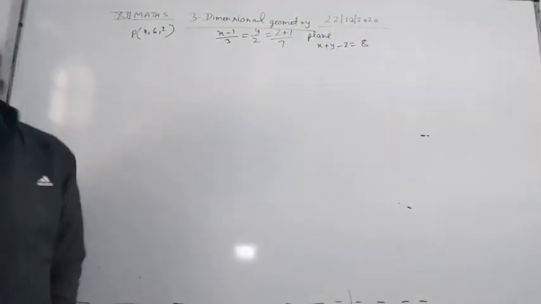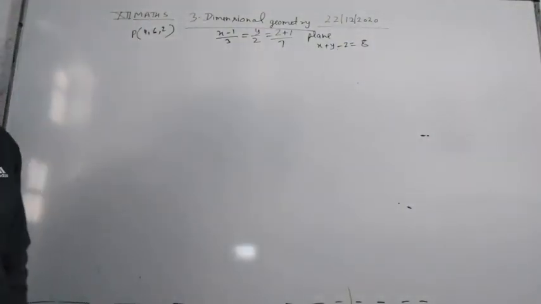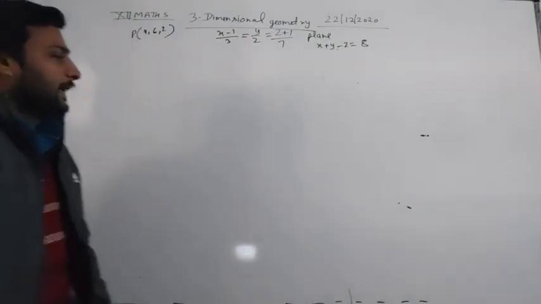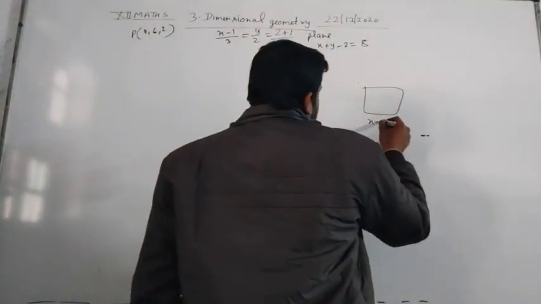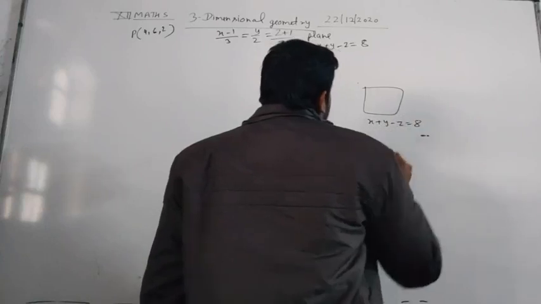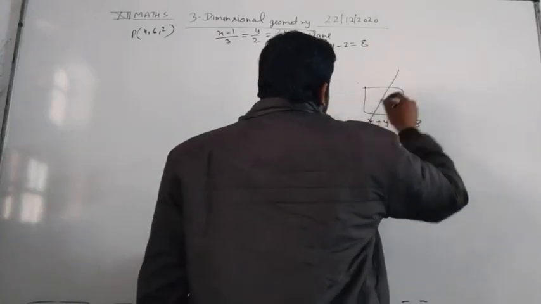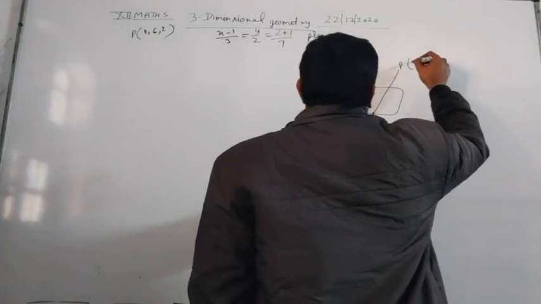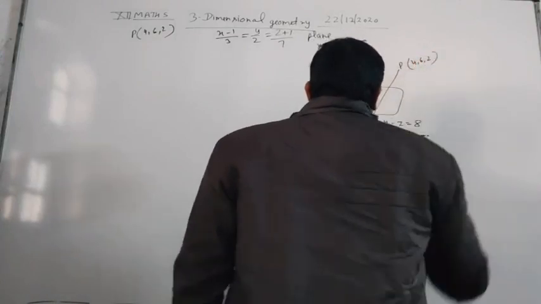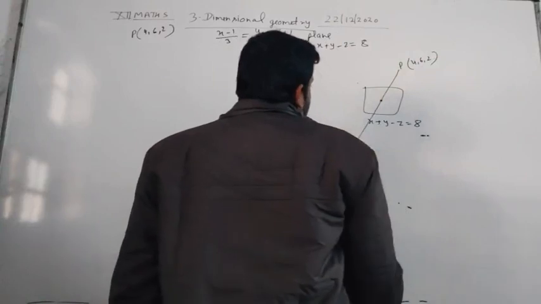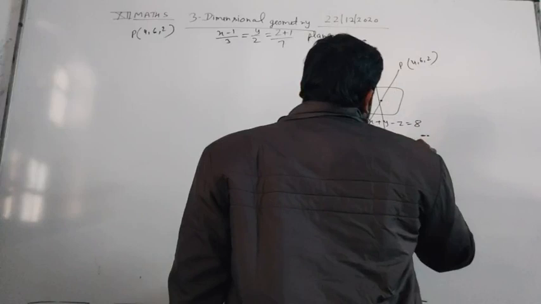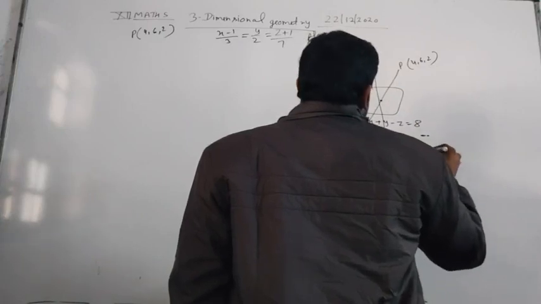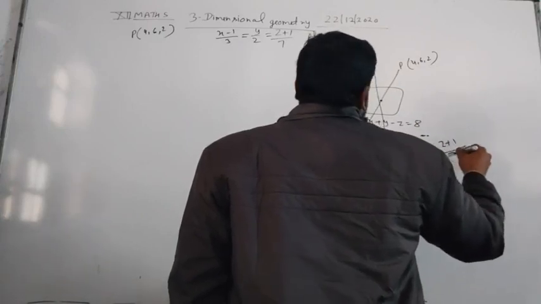So students, we have to find the equation of the line which is passing through this point and the intersection point of this line and plane. Suppose this is our plane whose equation is x plus y minus z is 8, and the line is passing through the point P whose coordinates are 4, 6, 2, which intersects the plane here, and another line whose equation is given as (x minus 1) by 3, y by 2, (z plus 1) by 7.